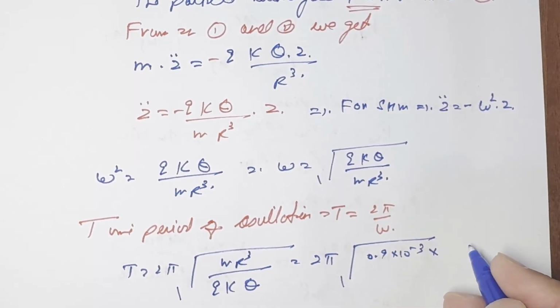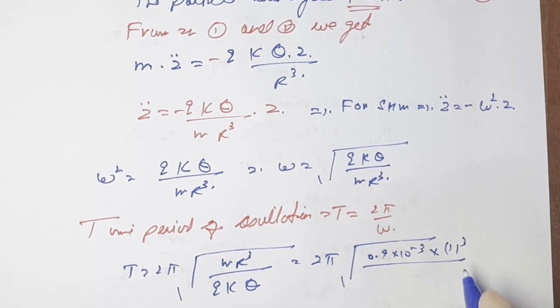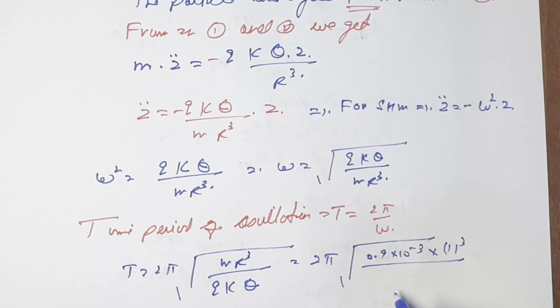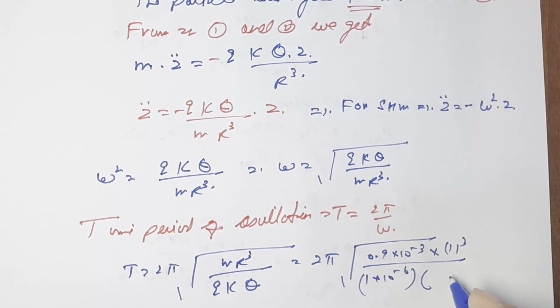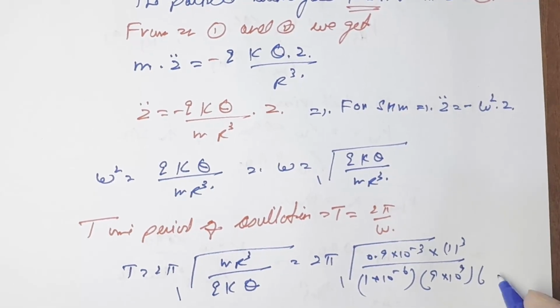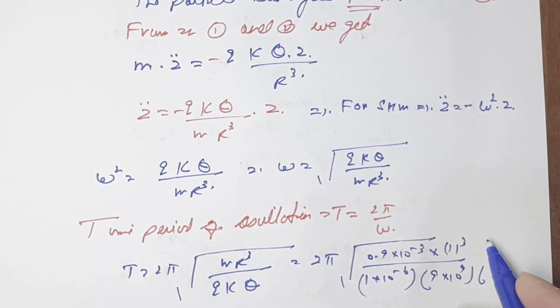Radius is given as 1 meter, so this is 1 cubed, divided by the charge q, that is 1 × 10^-6, k is a constant, that is 9 × 10^9, and the charge on the ring is also given as 1 × 10^-5.